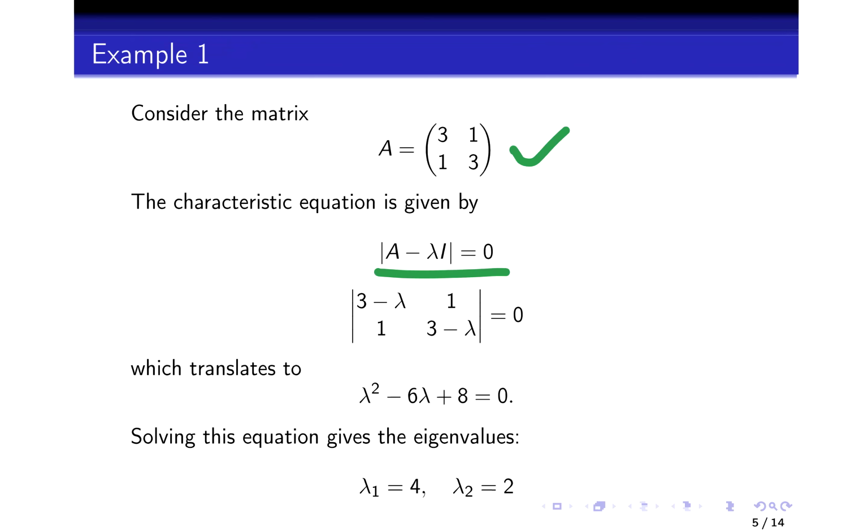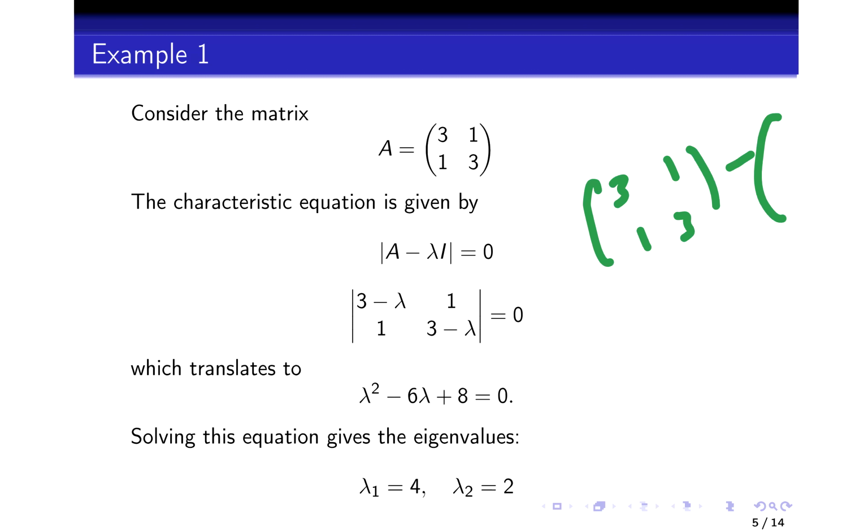A minus lambda I simply means you have 3, 1, 1, 3 minus lambda times 1, 0, 0, 1, so lambda, 0, 0, lambda. So that you have 3 minus lambda, 1 minus 0 which is 1, 1 minus 0 which is 1, and 3 minus lambda. You see, that's how that came about.